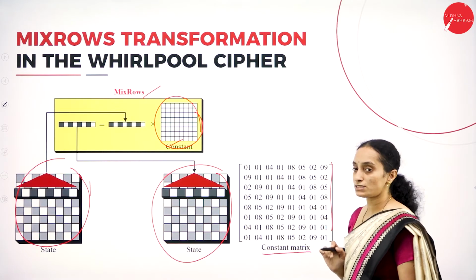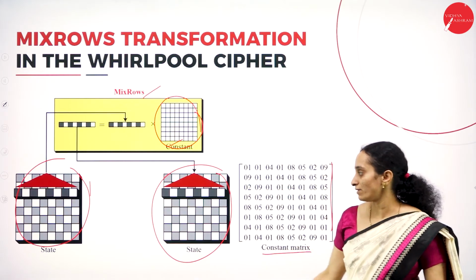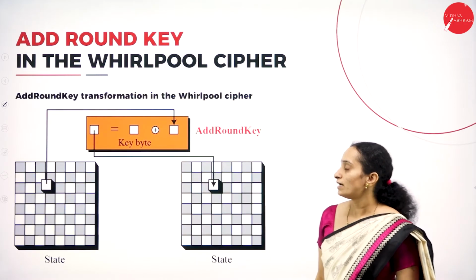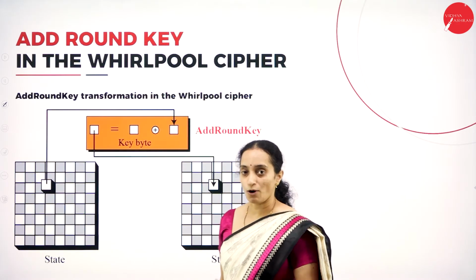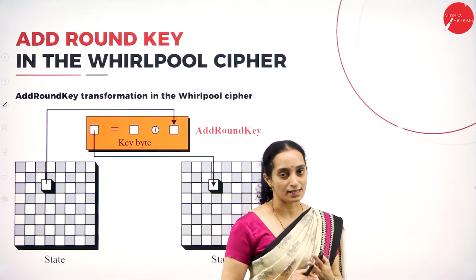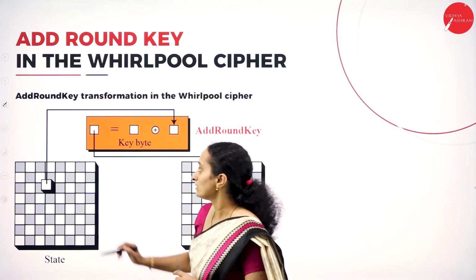So this is the constant matrix we can use to apply a transformation. We use this state for transformation. Once it is transformed, both the columns and the rows are transformed. We apply transformation 3 times in each round.